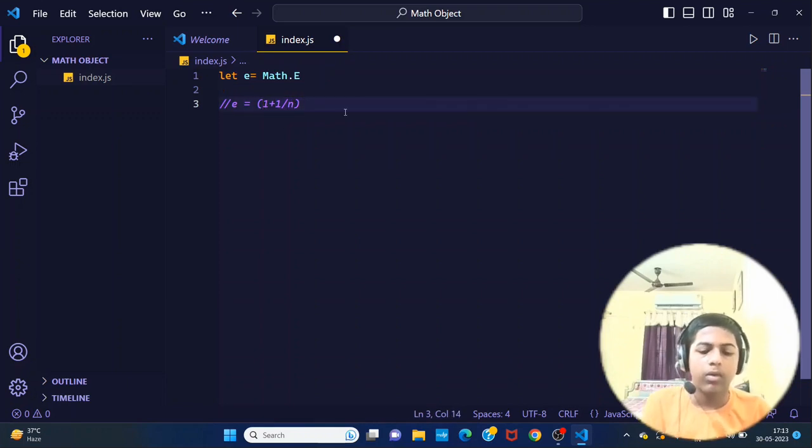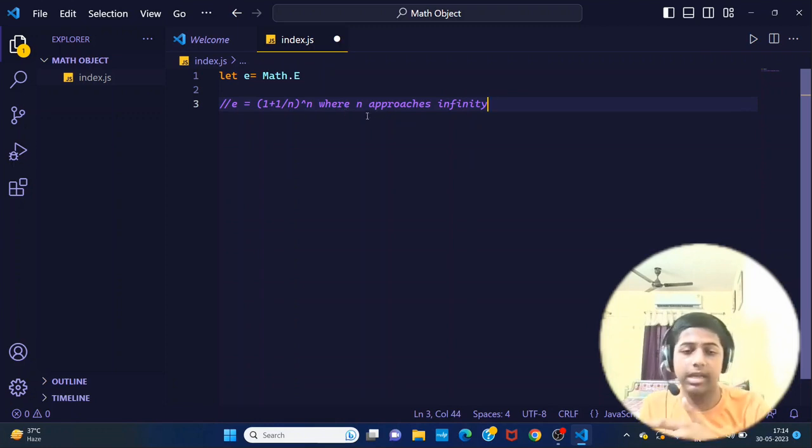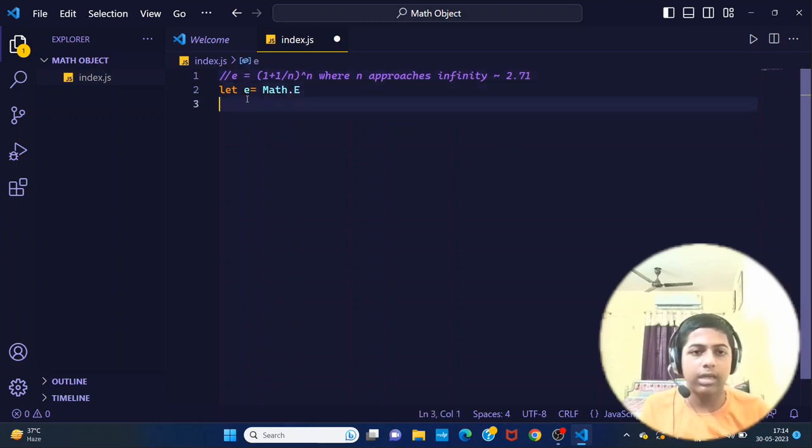If n approaches infinity, then the value of (1 plus 1 over n) to the power n approaches e, which is approximately 2.71. So we can access that value by using Math.E.